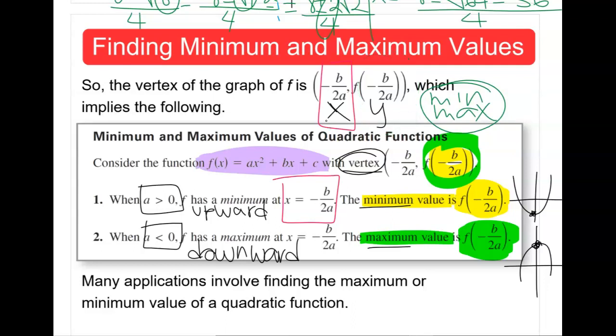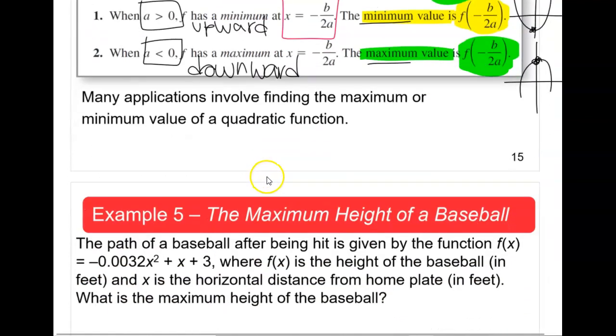And that is because for each x, there is a y. So we're going to substitute the x value found into the function, and that is how we're going to get the output of the vertex.